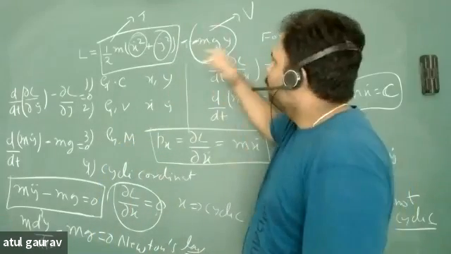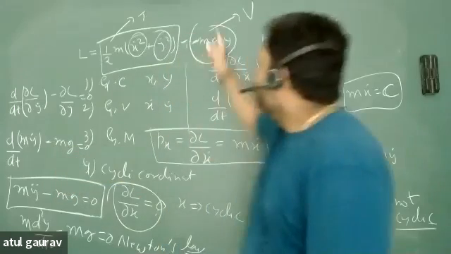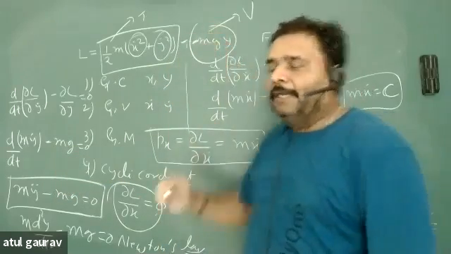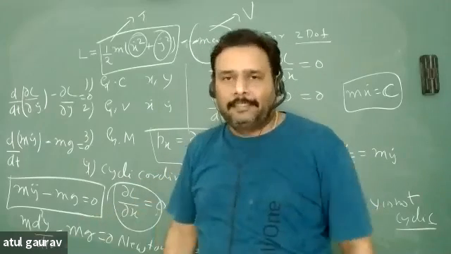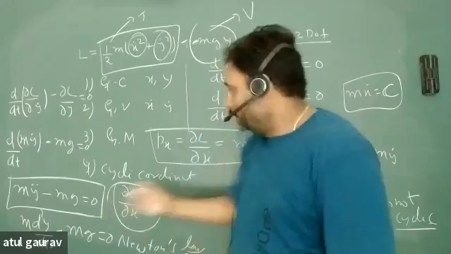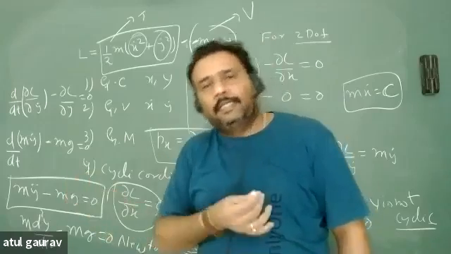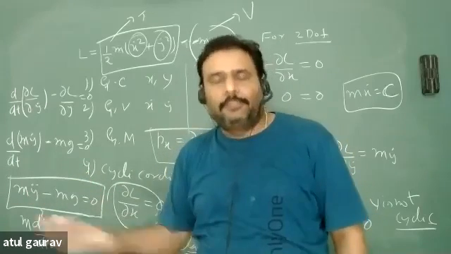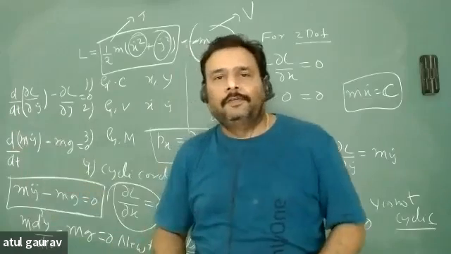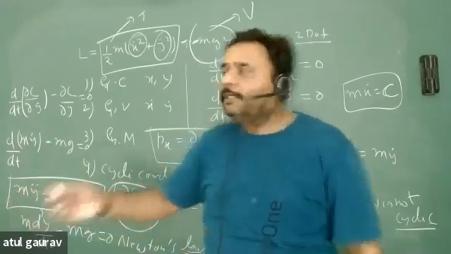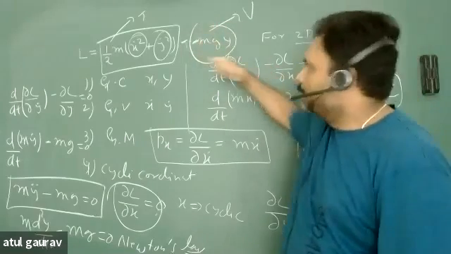And you can see there is no x variable in the potential. If there is no x variable in the potential, how will force act in the direction of x? Because it is a cyclic coordinate. Hence, if force is not in the direction of x, then momentum will be conserved. That is Newton's law. What is conservation of momentum? If external force is 0, then momentum is conserved. So external force is defined from the potential actually.